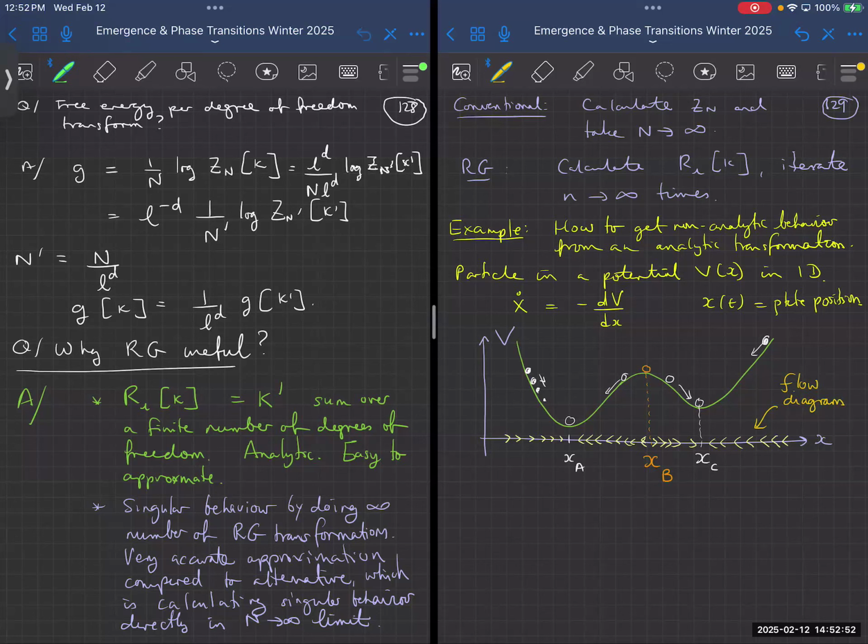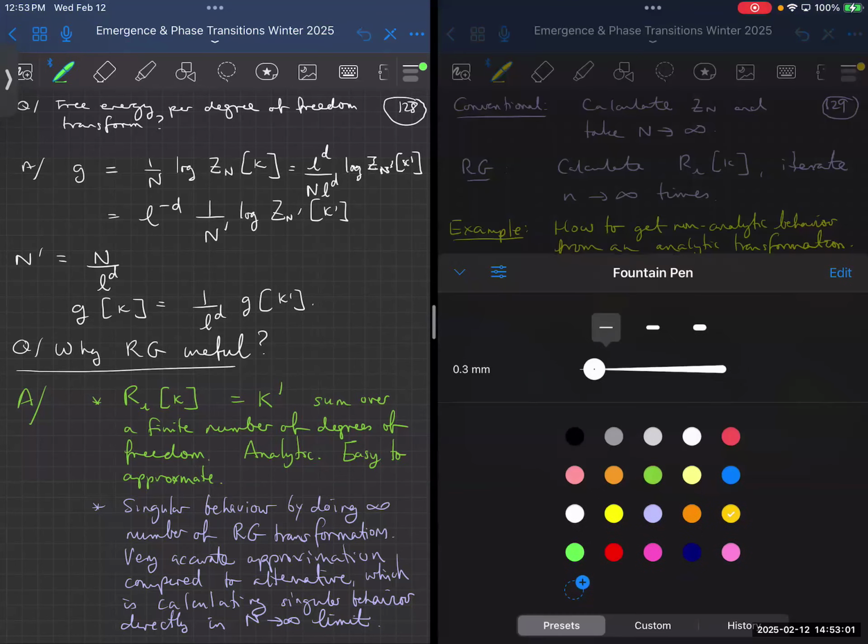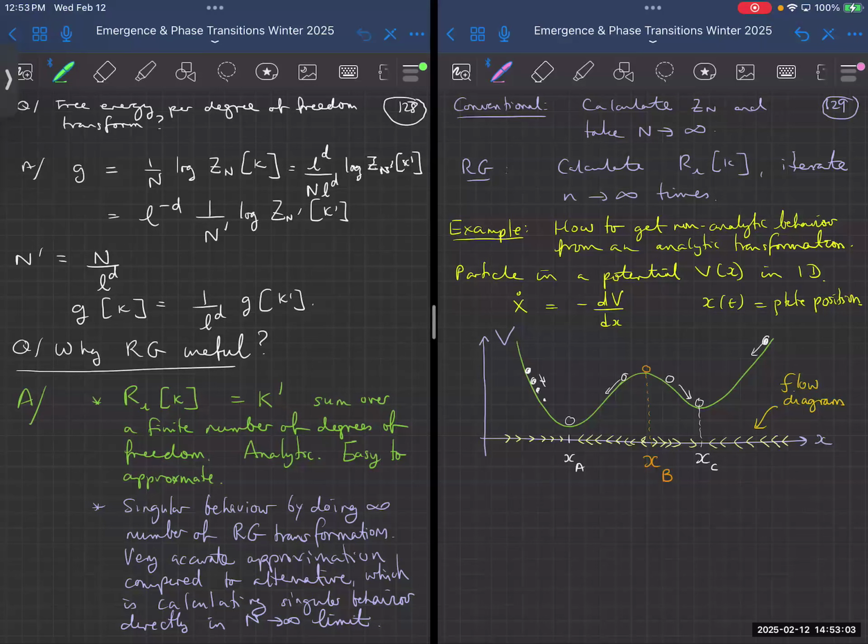Okay, so that is the behavior of the system, and these points over here where it stops, here and here, all these 3 points, we call these fixed points.